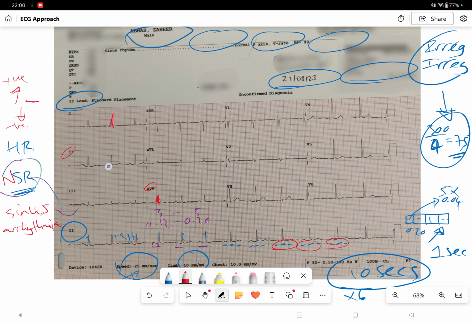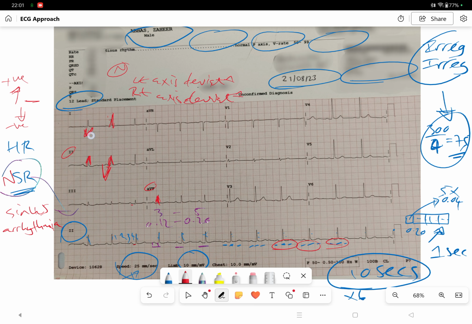If you have both deflections which are positive, then this is a normal axis. If lead 1 is positive and lead 2 was to be negative, then the two are pointing away from each other, and that would indicate a left axis deviation. And if the two were facing each other, like so, then this is deemed as a right axis deviation.